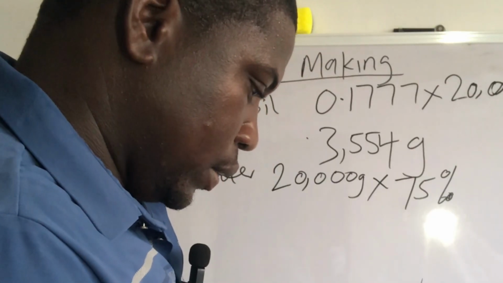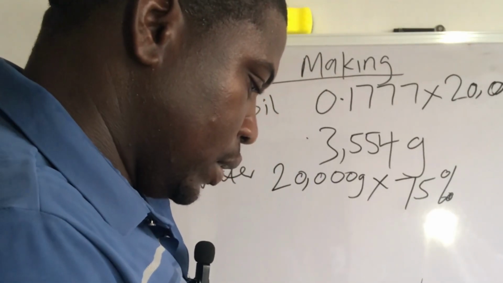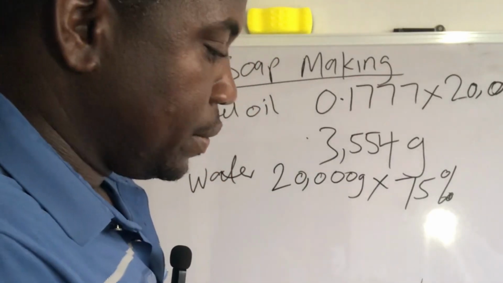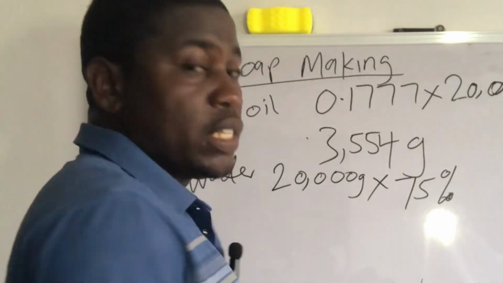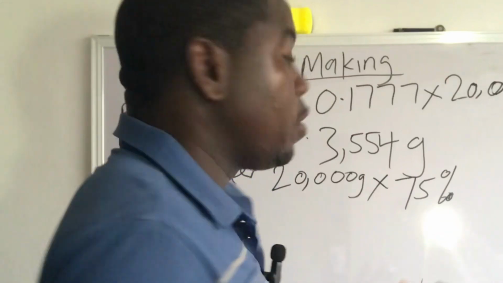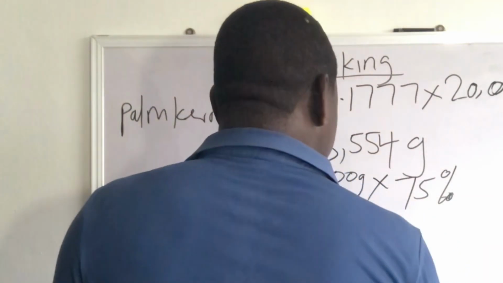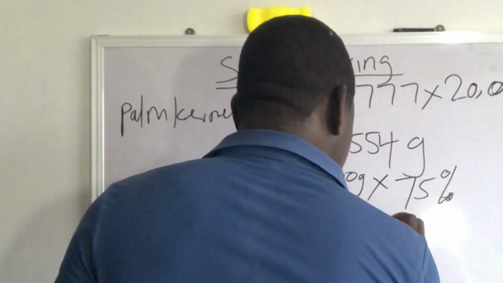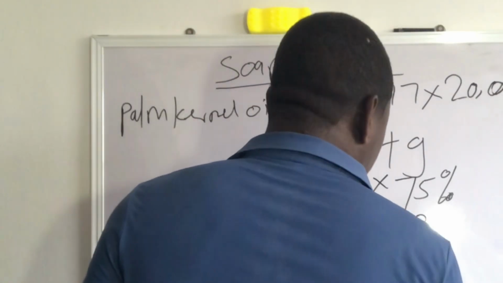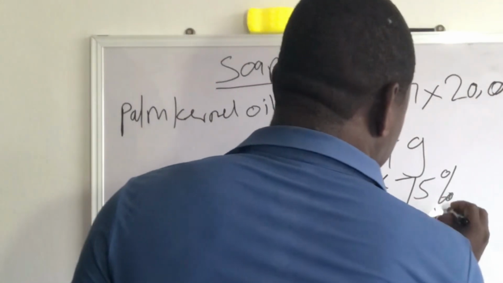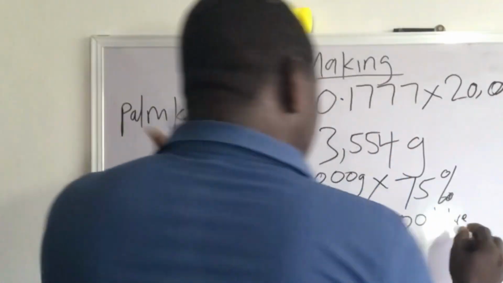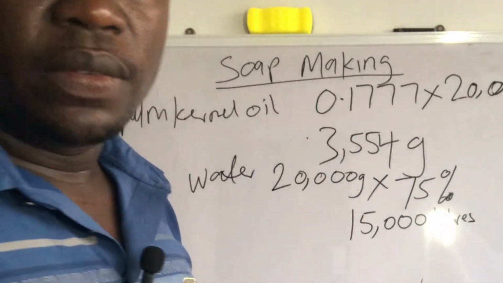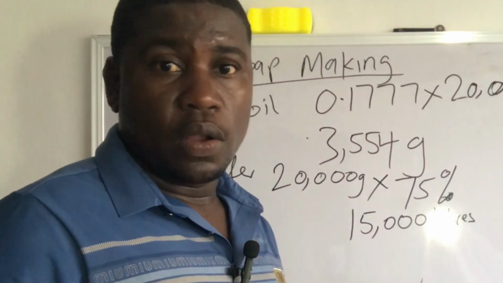20,000 times 75%. What you have is 15,000 grams of water.